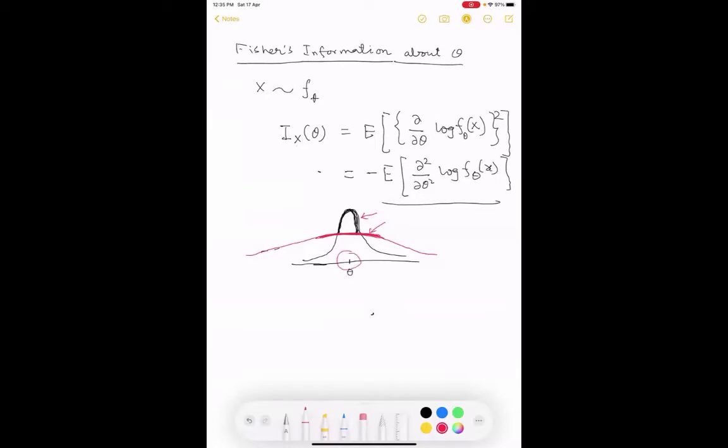Whereas if the curvature is not changing sharply, it is flat, that means the x is all over, not very close to theta, and that indicates it has lesser information. That is my understanding, to be honest.